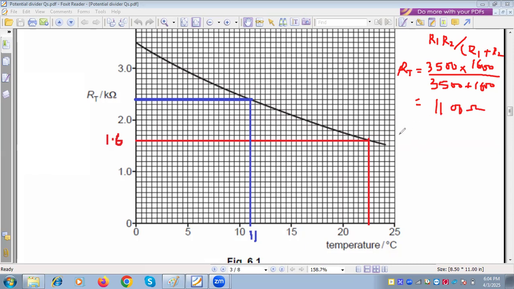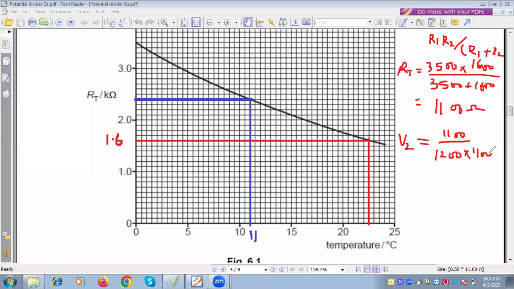And when we find out the voltage across this, what will be the potential difference across this? V will be equal to 1100 over what was connected in series with that, 1200. 1100 was in series with 1200. 1100 is the combined effect of the thermistor and the resistor which was in parallel to it.